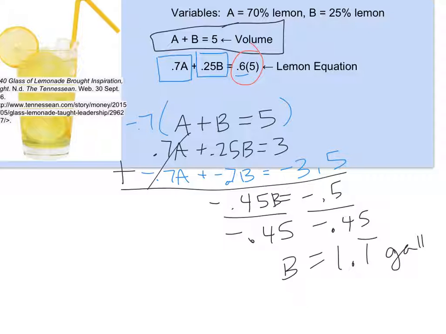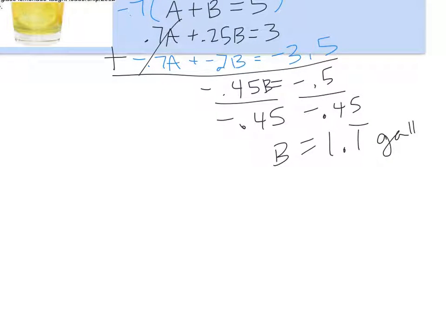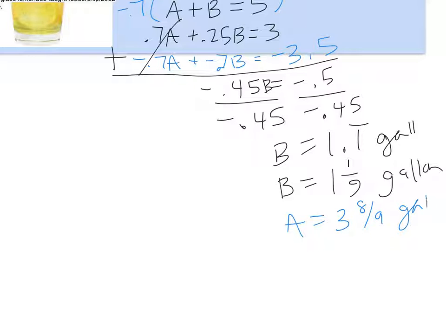If you're going to do gallons, it's better to write it as a fraction. I'd write it as a fraction, 1 1/9 gallons. So in order to get 5 gallons total, the number of gallons we need of the other type of lemonade is 3 8/9 gallons.